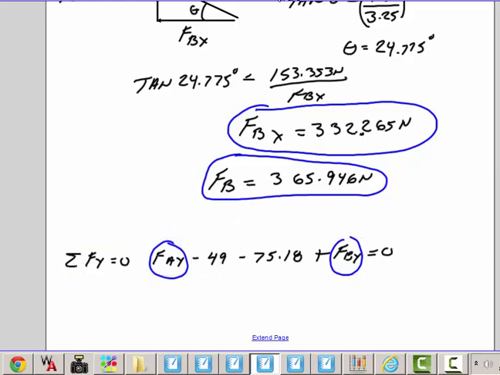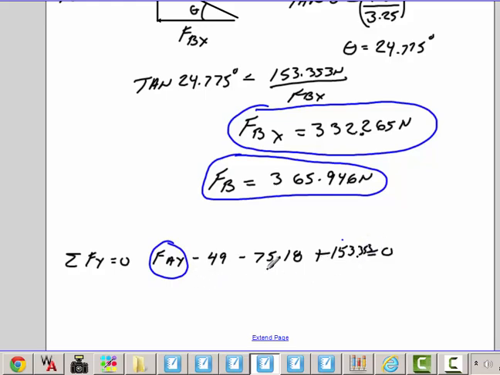I will take out FBY here. When I take this out, I will put back in the FBY value. And the FBY value was 153.353.